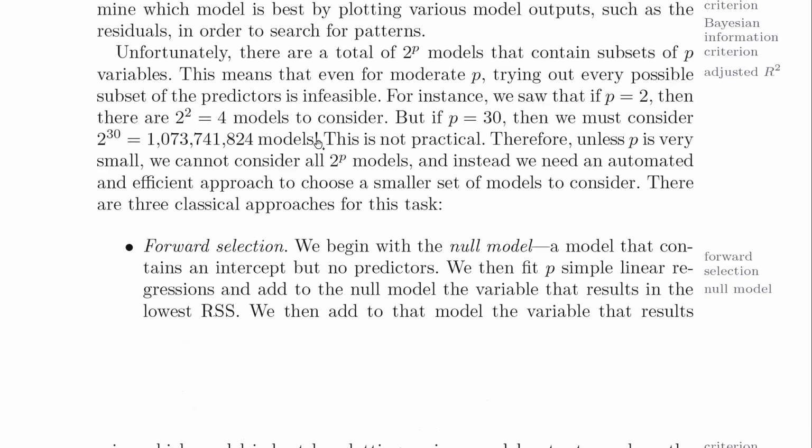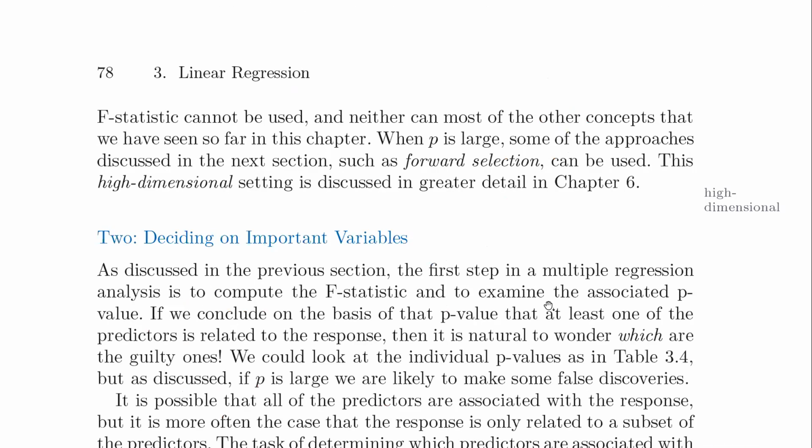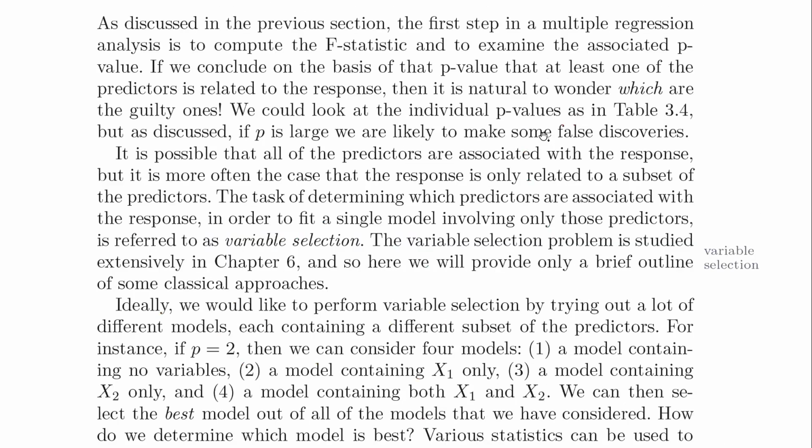Let's go back. So that diagram that we just looked at, when you see multiple regression analysis, just think of that diagram. Certainly the one that I think of to this day.